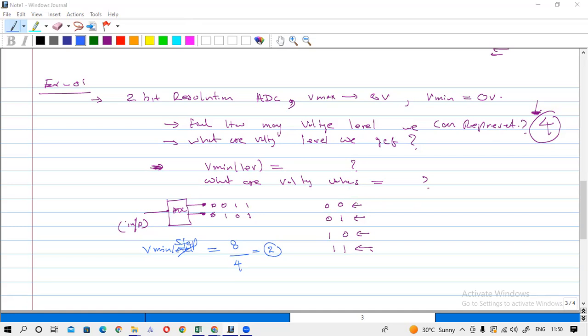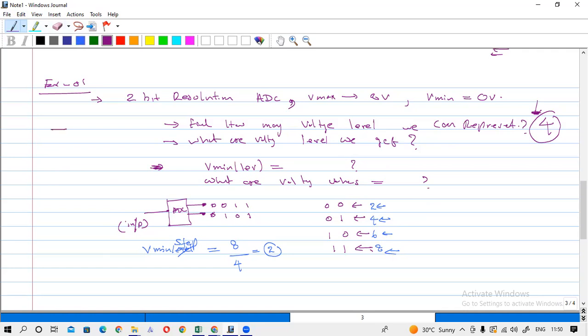Actually, 0 we can't. We can represent 2, 4, 6, 8. So these are the voltage levels we can represent. So you know that. So this is how it happens.